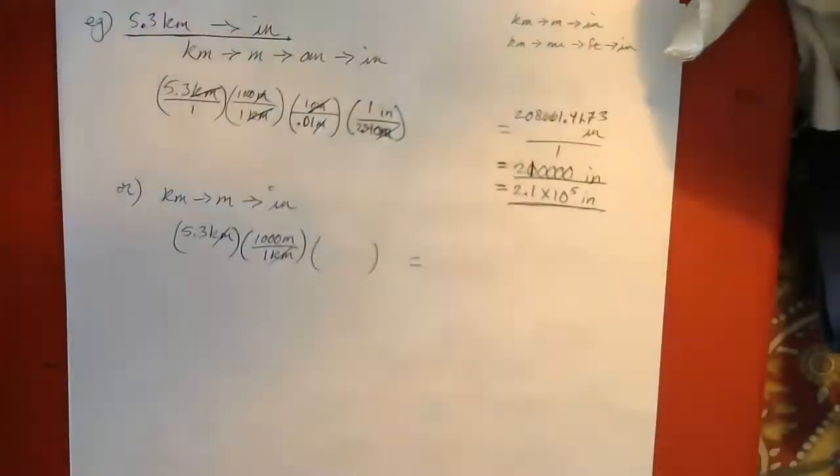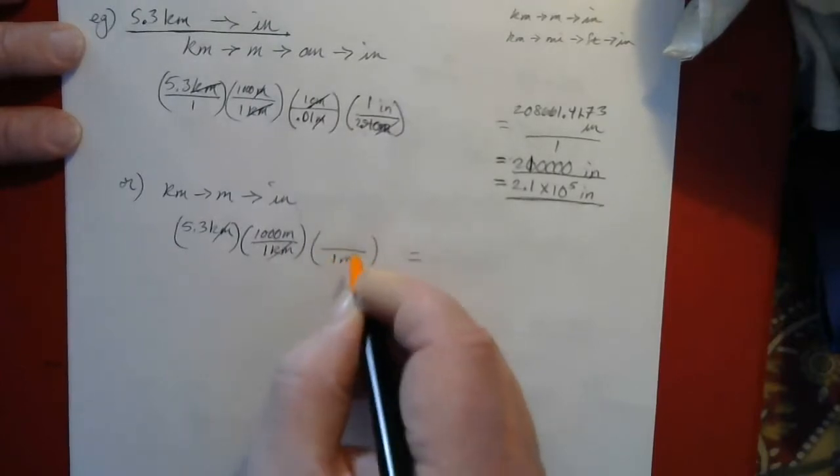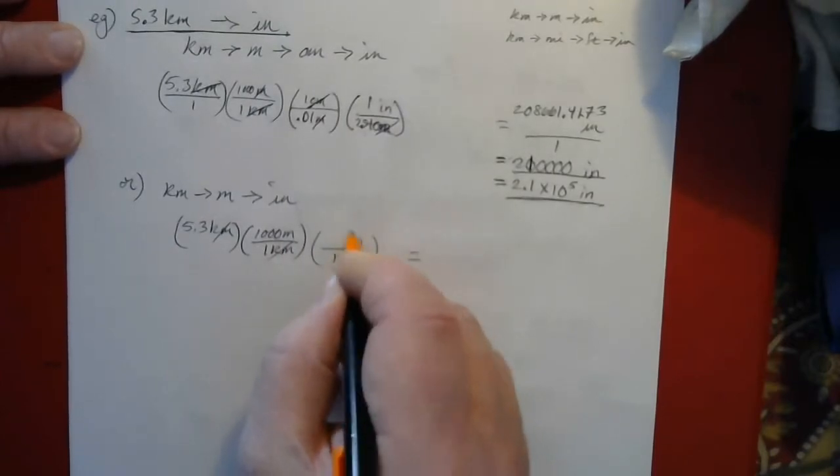And if we look back at the conversion factor sheet between meters and inches, there we go. 1 meter is 39 point, actually it's 39.37. I'll use 39.4 because that's what's on the list. I always remember it as 39.37. And we want meters on the bottom, and we want inches on top.